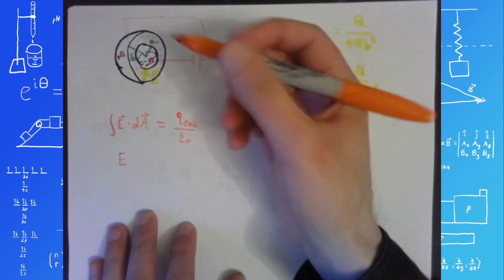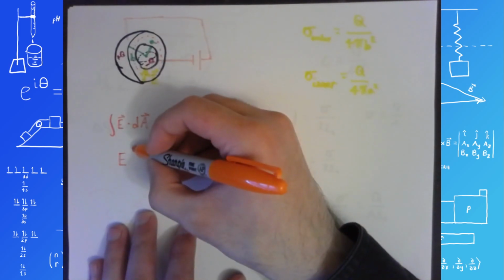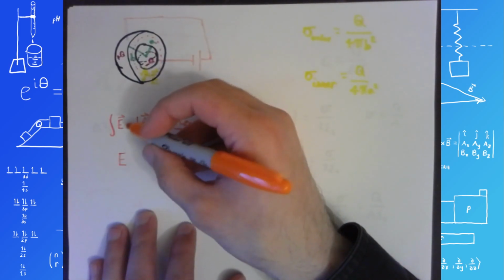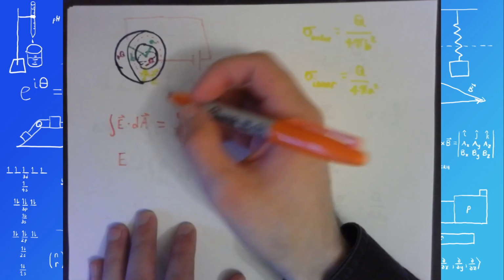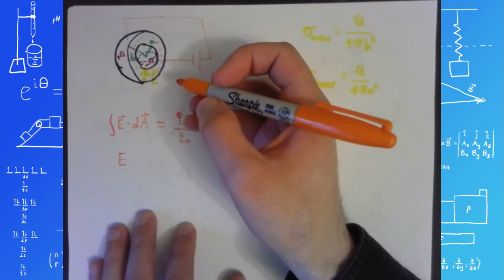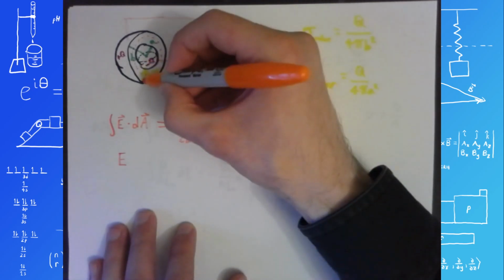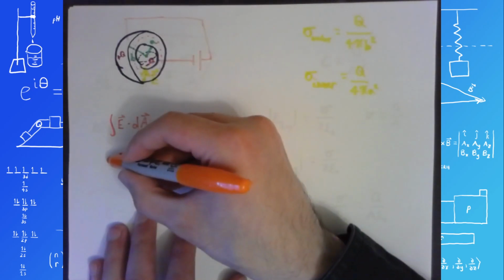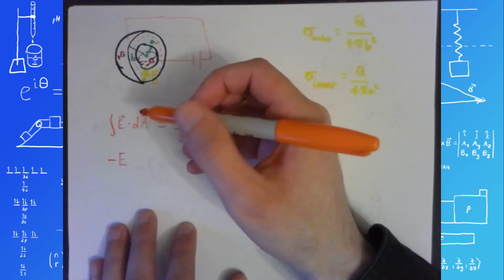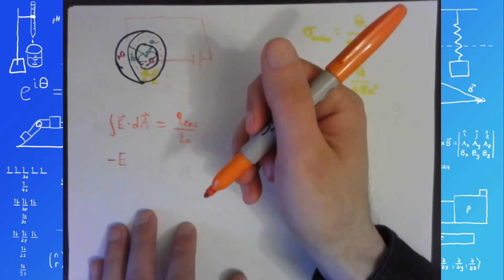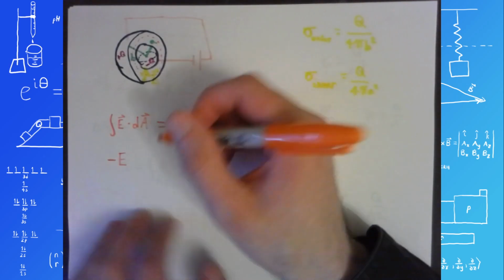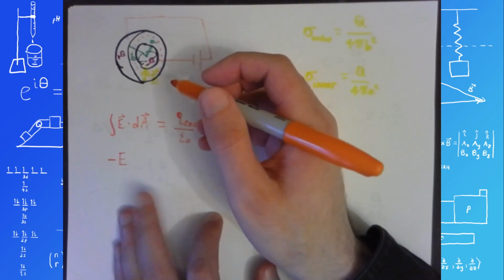The E can be factored out. The dot product just becomes a regular product, but in this case the electric field points inward, so we should actually have a negative sign. The dot product would give us a cosine of 180 degrees, so that's where that negative comes from.